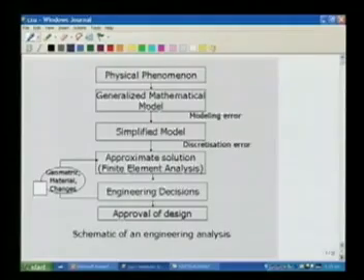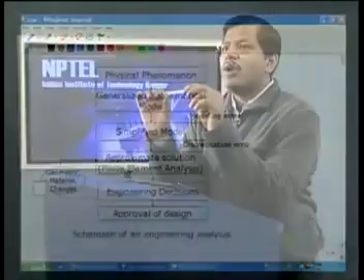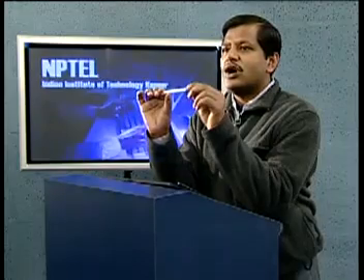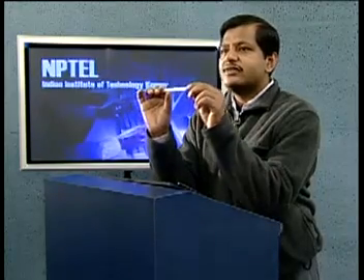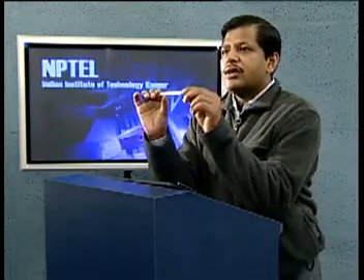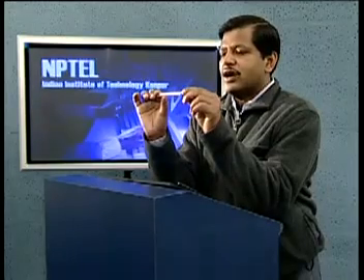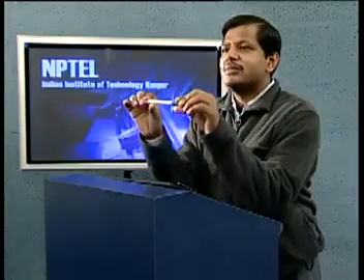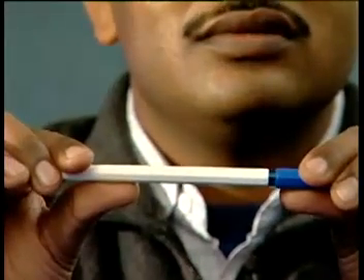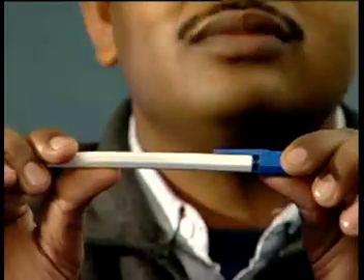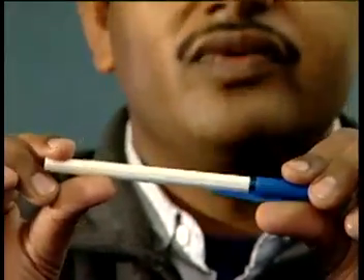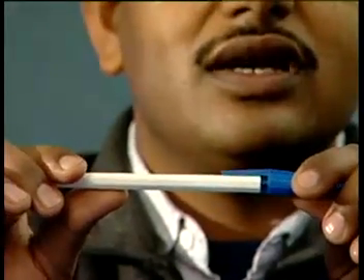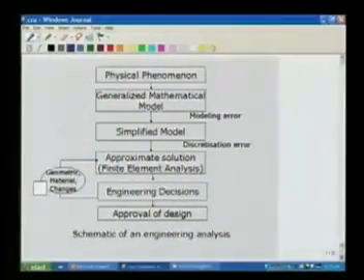The generalized mathematical model will incorporate all the essential features of the physical state of the system. Now, in principle and in practice, one would not like to solve the most general mathematical model because the problem then becomes almost intractable. So, one would like to simplify the problem and pose a so-called simplified mathematical model.